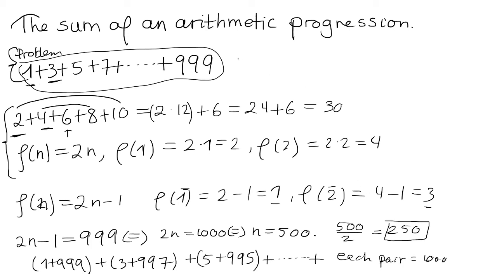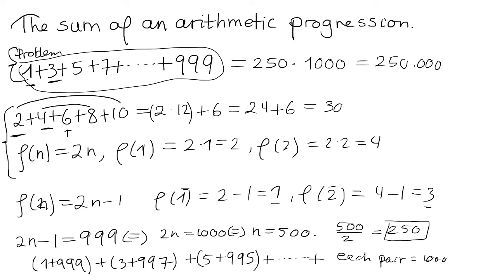So we can say the sum of the arithmetic progression of the original problem is simply 250 multiplied by the value of each pair, which is 1000, which is equal to 250,000.